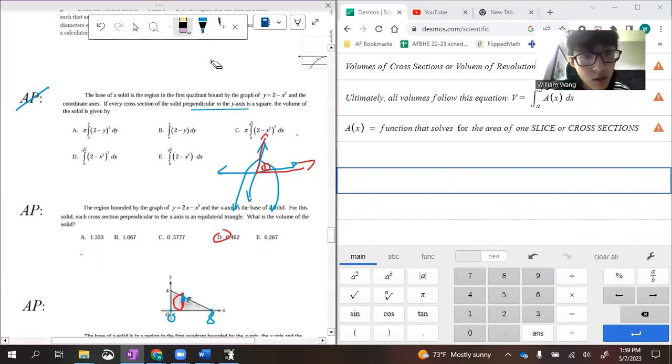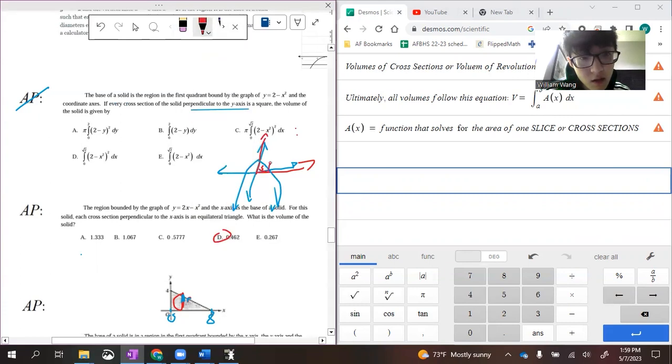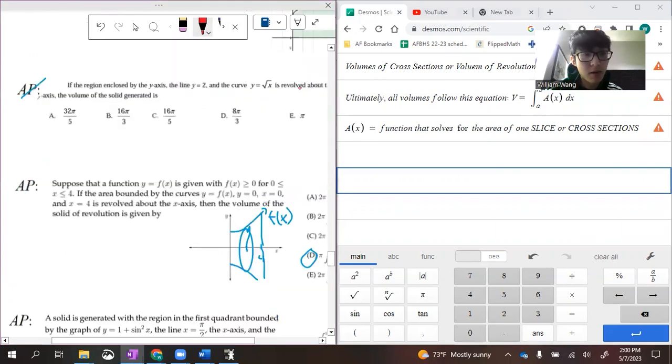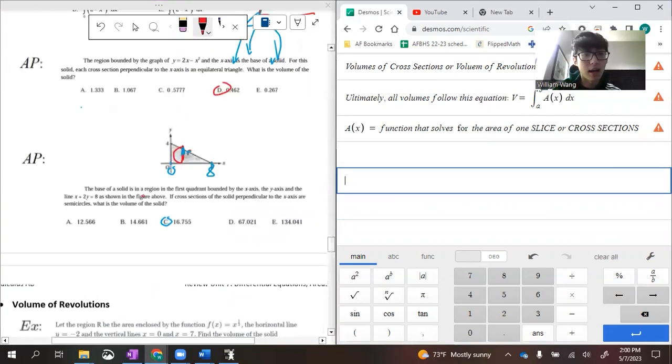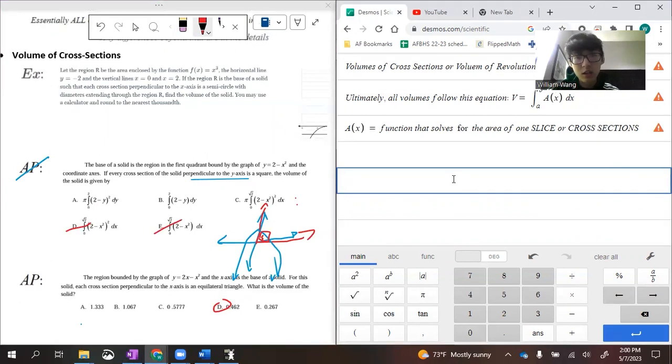So this square actually looks more like this. That's a terrible illustration, but everything is in terms of y. So my answer cannot be D or E.